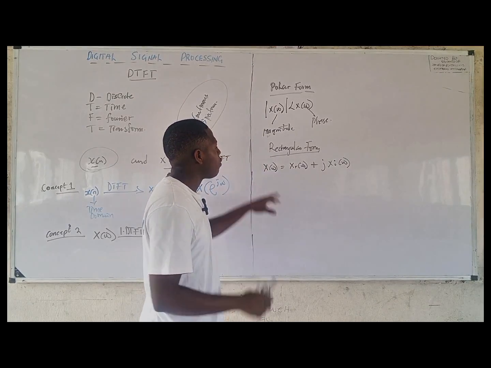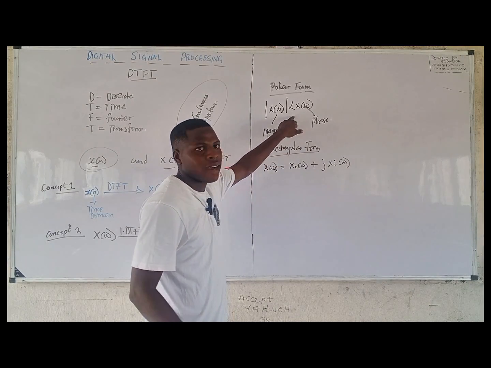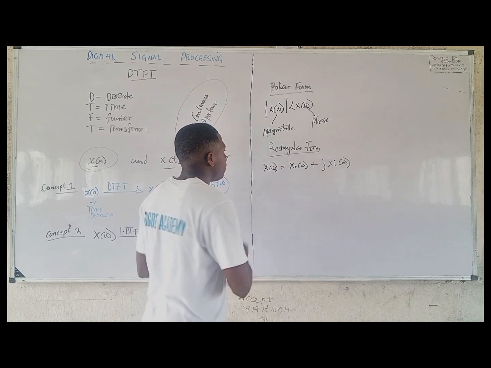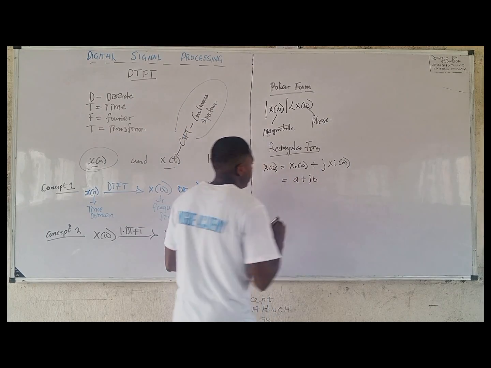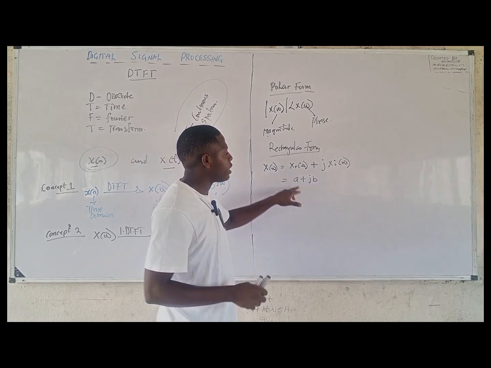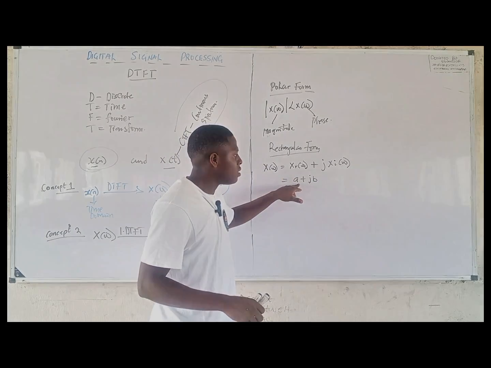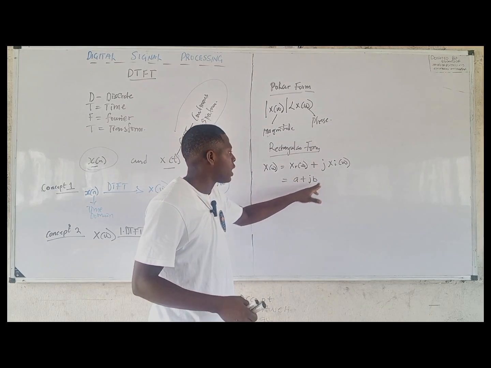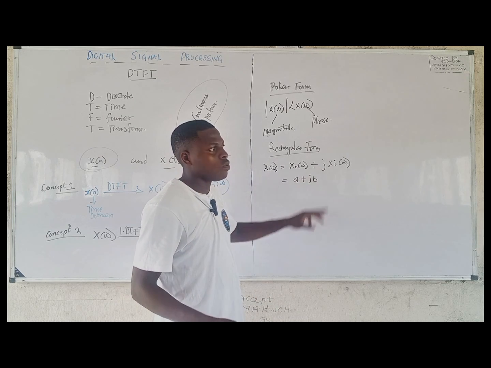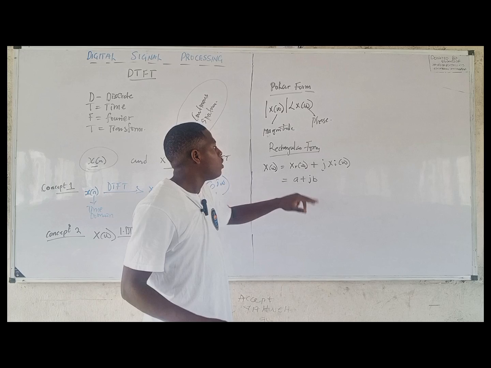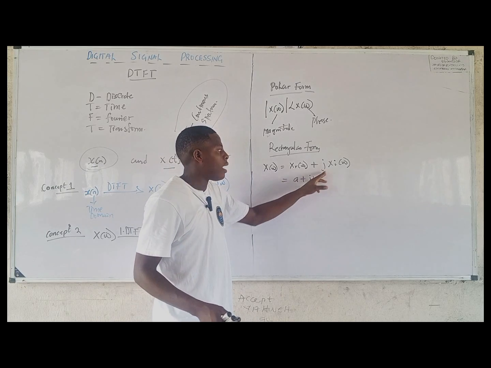What you have here is similar to A plus jB. When you see something like this, you know that this part is what we call the real part, and this part is what we call the imaginary part. Apply this to what we have here. We simply have our real part and our imaginary part.